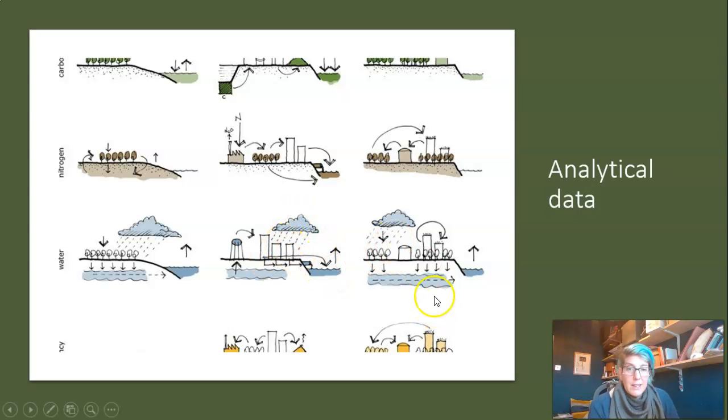How it could work in an eco-city: it rains, you have far more green space within cities, so you have that natural process of water soaking into the ground and running off safely. You have green roofs, and you harvest the grey water from buildings and use that in the buildings. So this is again showing that what we're trying to do here is create cities that mimic natural processes.